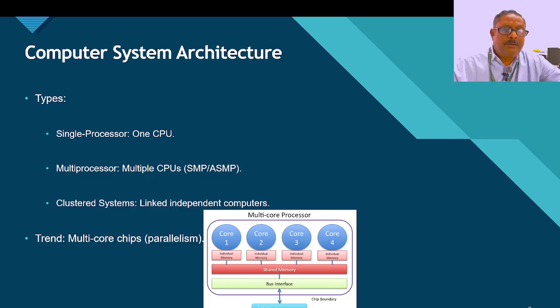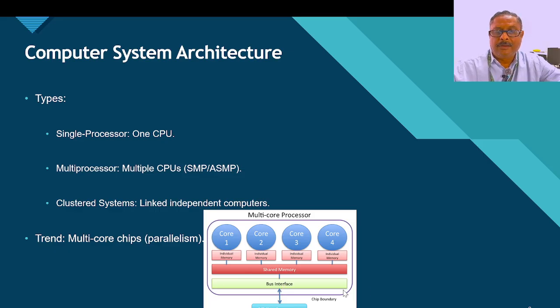Then the current trend is about multi-core chips where we are talking about multiple cores. So we have a bus interface and then shared memory, and from that individual memory for each core. So there are multiple cores. As we discussed a few minutes back, from the bus we have other off-chip components.